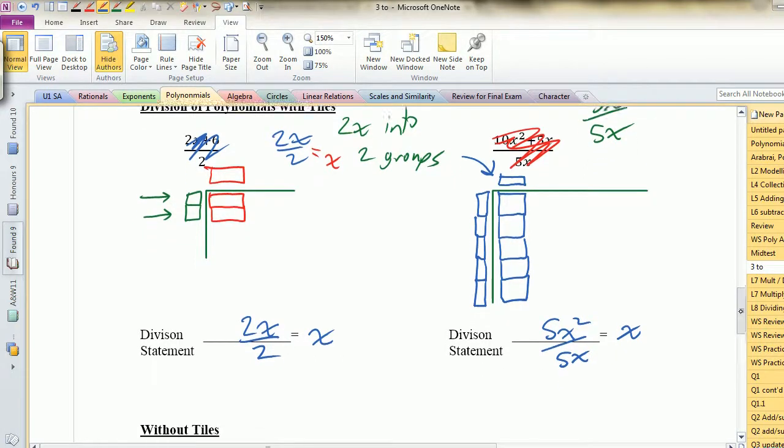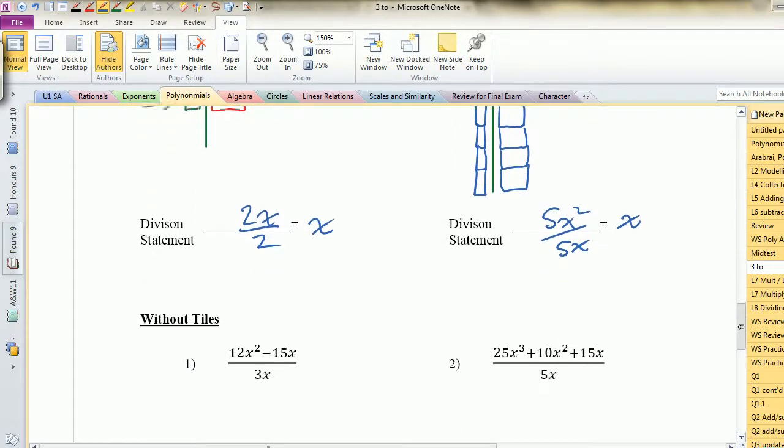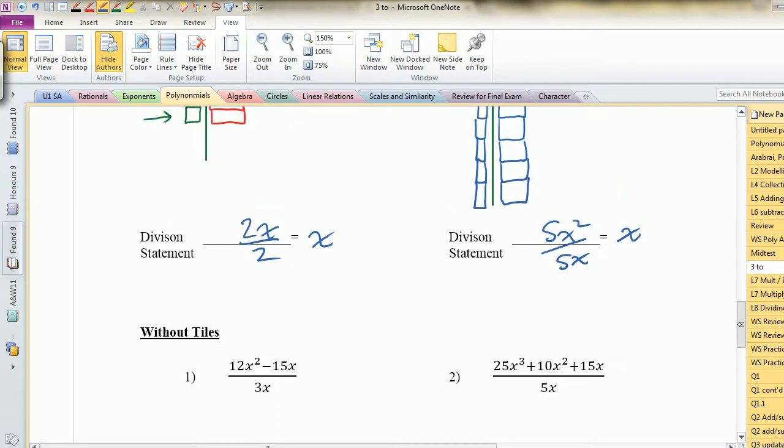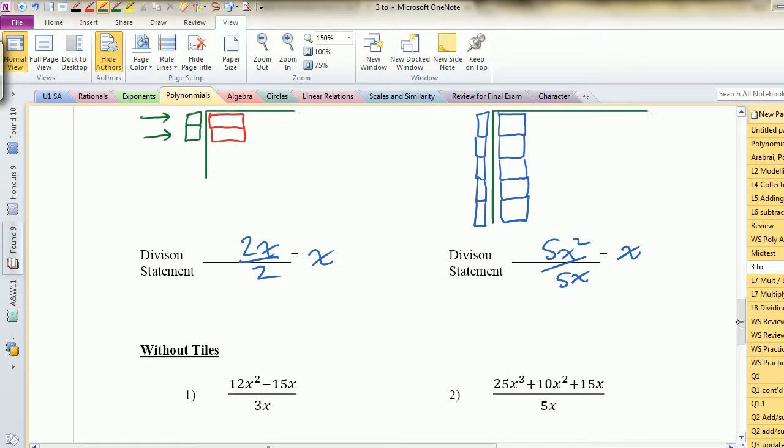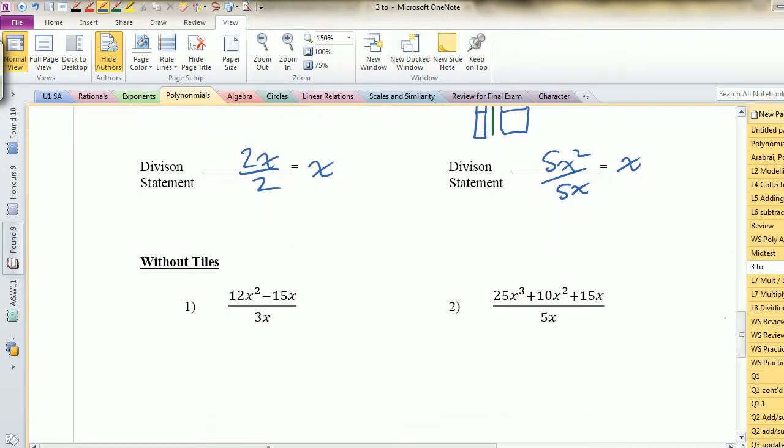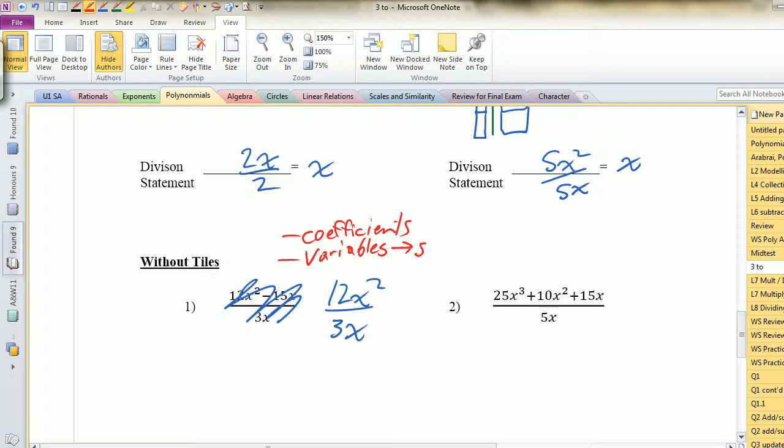Okay, so let's play around a little bit without tiles. Without tiles, we divide, let's go 12x squared divided by 3x. We divide our coefficients, and then we divide our variables. For our variables, we're looking to subtract exponents.